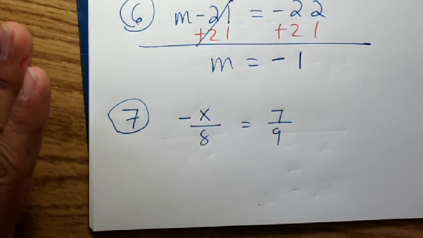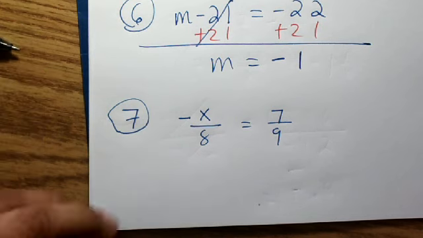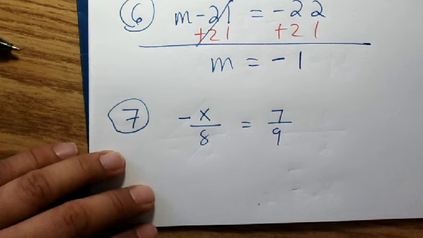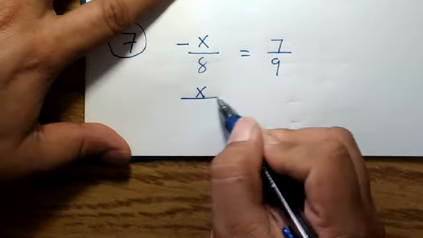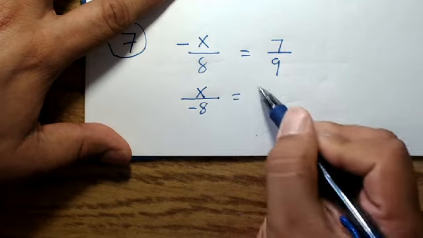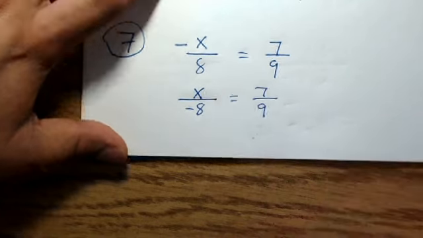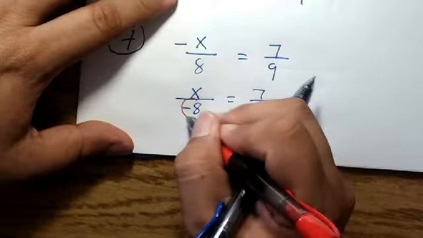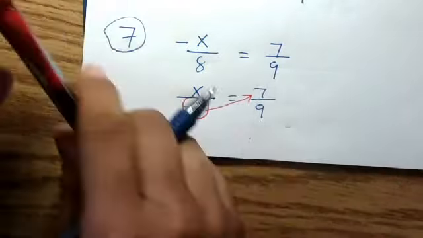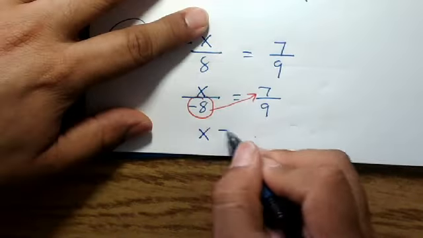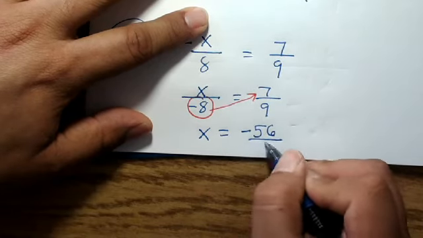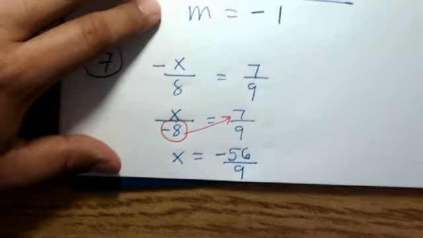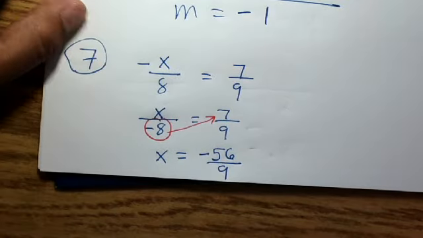You could get there so many ways. So whichever method you use, it's good as long as you get the right answer. So you could put x over negative 8 equals 7 over 9, and then just cross multiply. So x would equal what? Negative 56 over 9.